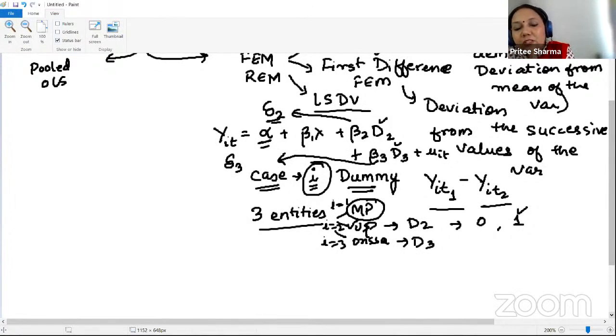The introduction of dummies is what is going to help us in bifurcating this term alpha. Here, with dummies, will we be able to take care of anything which is time variant? Yes or no?